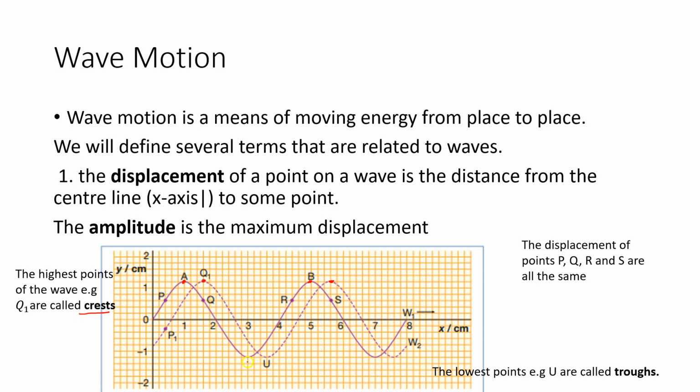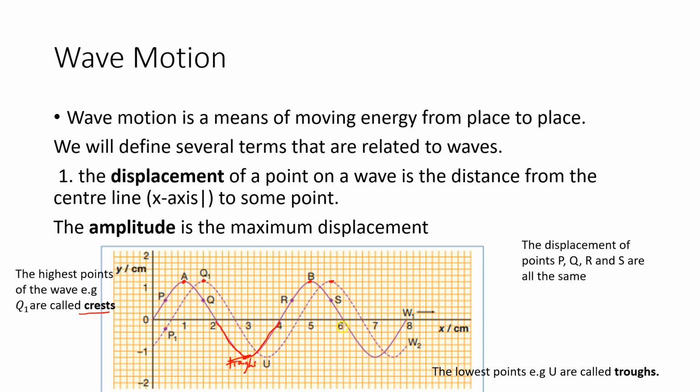Now, when it comes to the negative portions, we don't call these crests, we call these troughs. So the lowest point is what we call a trough. Everything within this portion, you would call troughs in a sense, but we generally specify that the lowest point is called the trough.